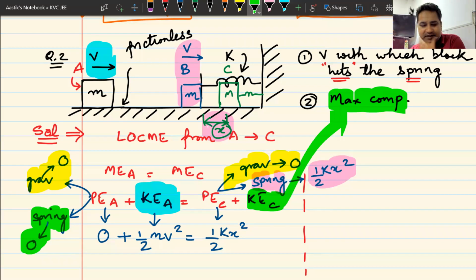Anyone? What is the kinetic energy at point C? No one?